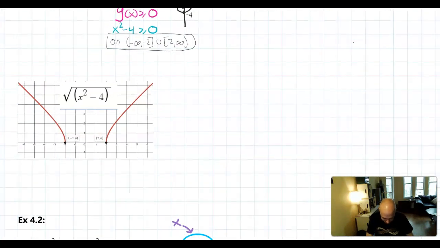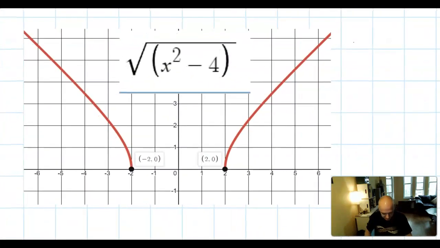Here's what this function looks like. This is the square root of x squared minus 4. And there is, in fact, nothing down here. This function is just in two pieces, one piece going off to the right and another piece going off to the left in a happy sort of linear way.